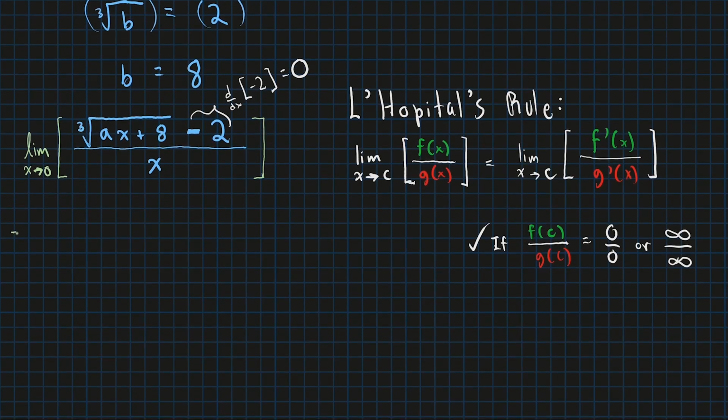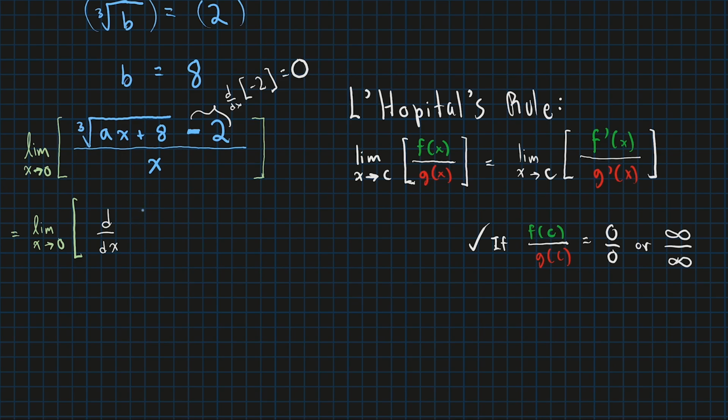So we can say that this limit is equal to the limit of the derivative of this part as x approaches 0. And again, that's because the derivative of 1x is just 1. Derivative of -2 is 0. This thing plus 0 divided by 1 is just the derivative of this thing.